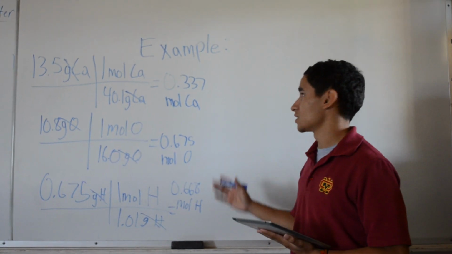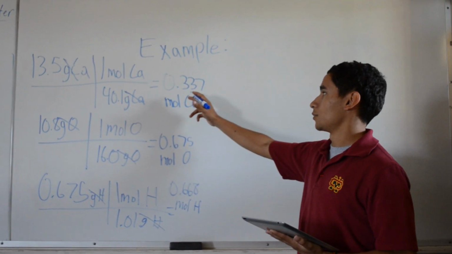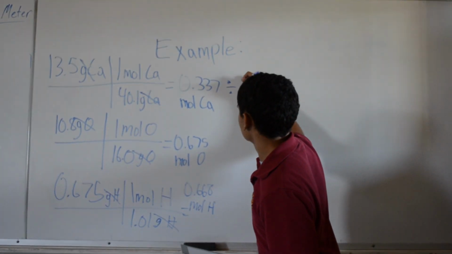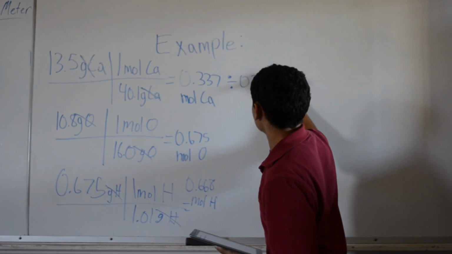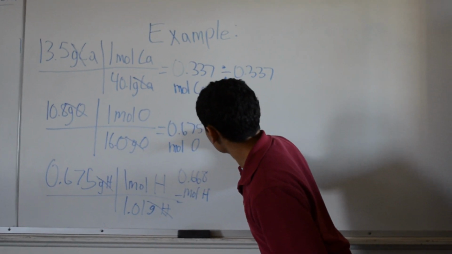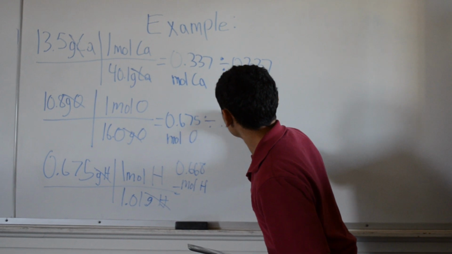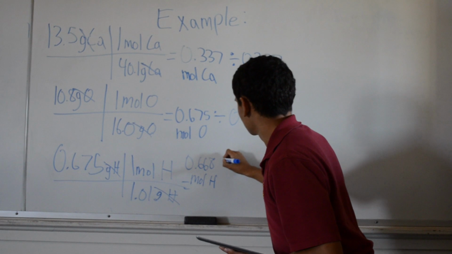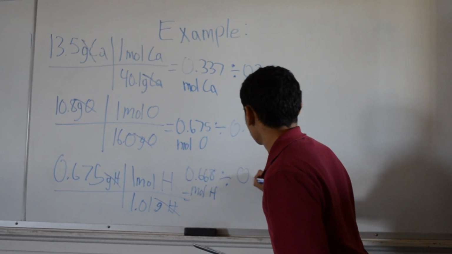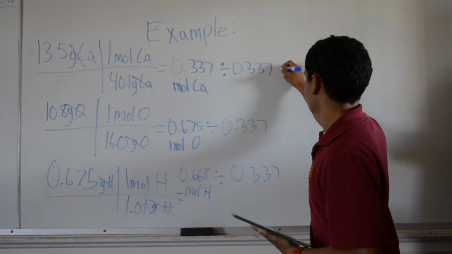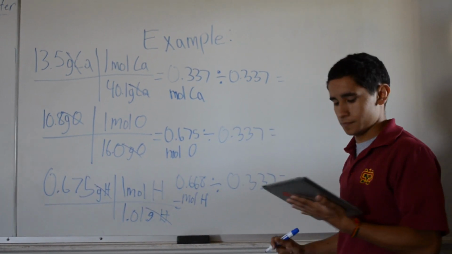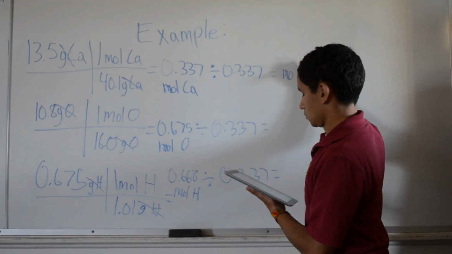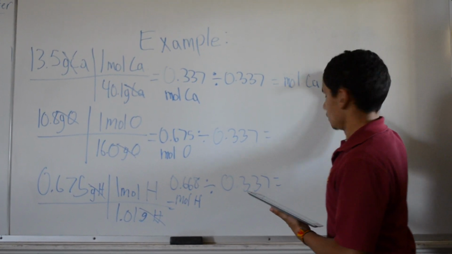Now we're going to divide by the smallest number. And the smallest number is 0.337. And that's going to get us mole Ca equals 1.